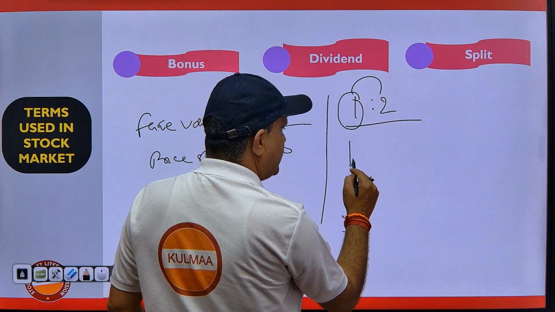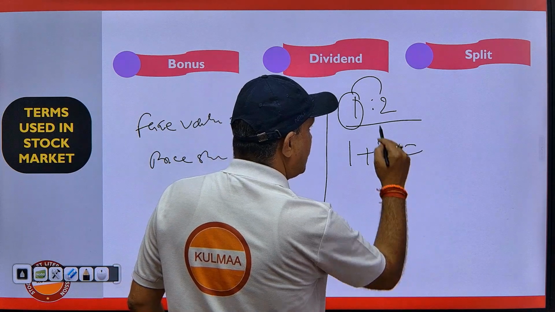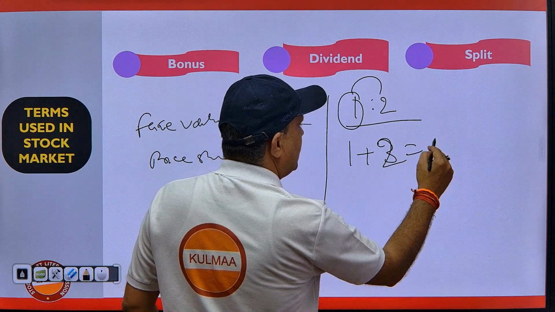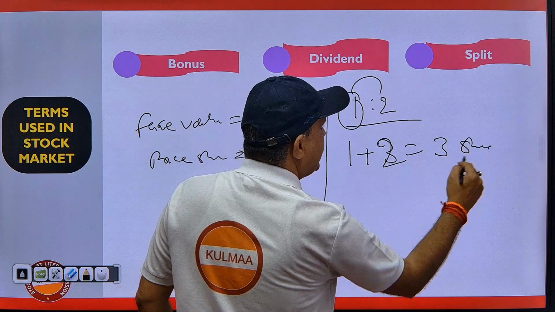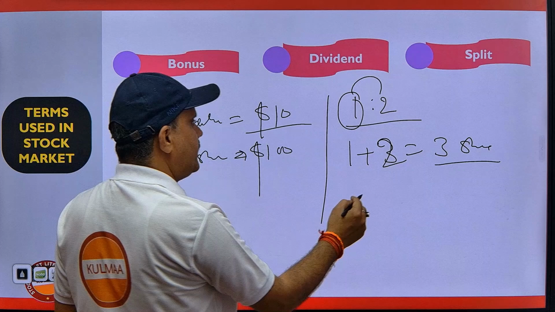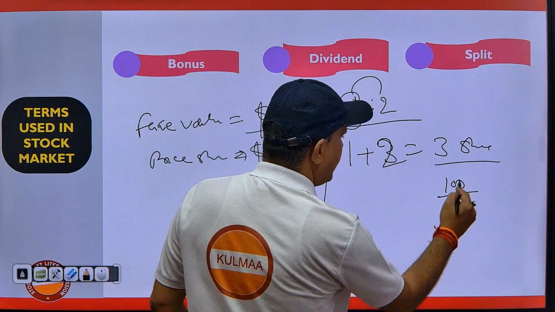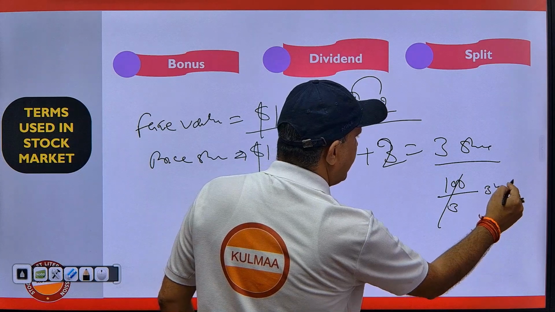That means 1 share we have already and 2 shares we will get, so a total of 3 shares will be in our hand. But in that case, the share price will be divided by 3, that means $34.